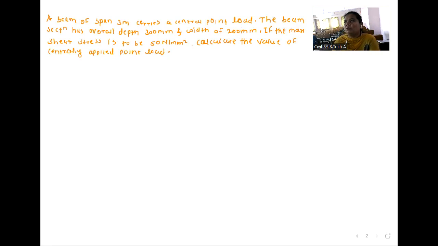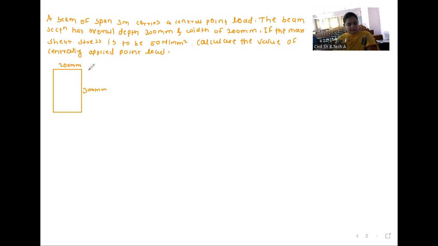So first we will draw the cross section of beam. Here a rectangular beam is given, having width 200 mm and depth 300 mm.